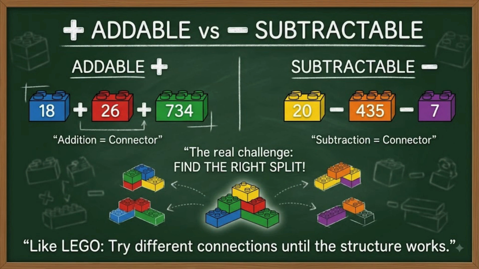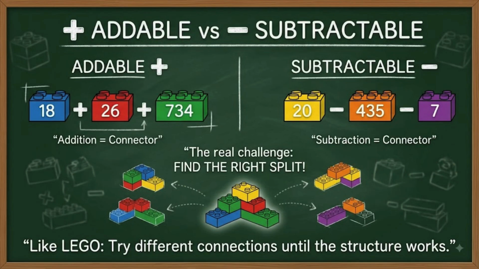In an addable selfie fraction, addition becomes part of the construction. In a subtractable selfie fraction, subtraction takes its place. The interesting part isn't just performing the operation. The real challenge is finding a split that actually works. It's almost like trying different Lego connections until the pieces form the structure you want.